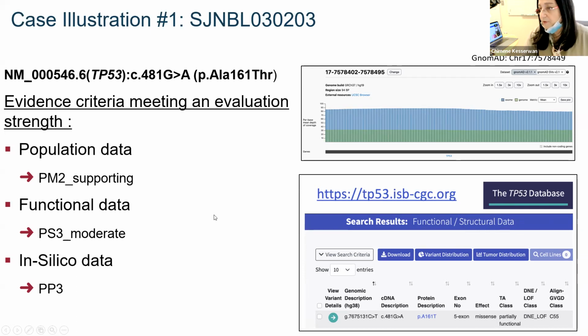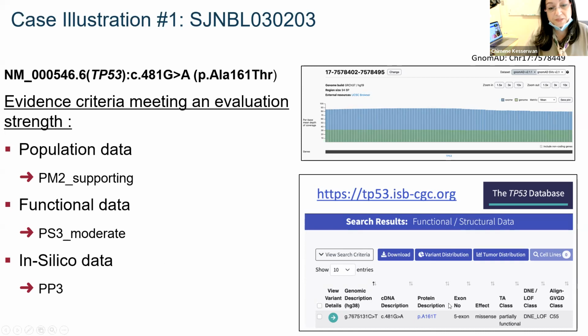But what I also wanted to mention is that we have, as you are aware, the variant curation expert panel for P53, where rules for P53 germline variant curation were specified. We don't say modified, we say specific rule specification based on the characteristics of the P53 gene and the phenotype associated with the gene.